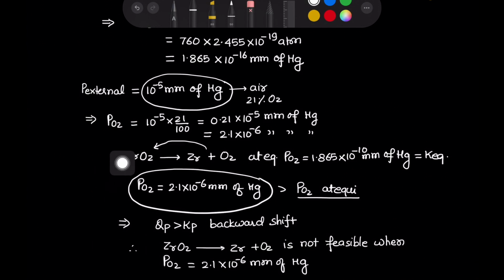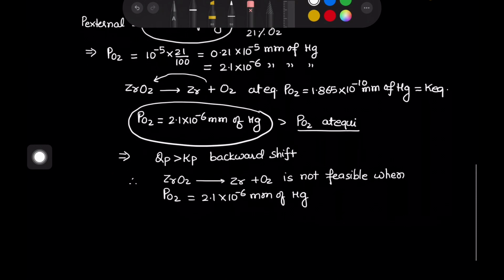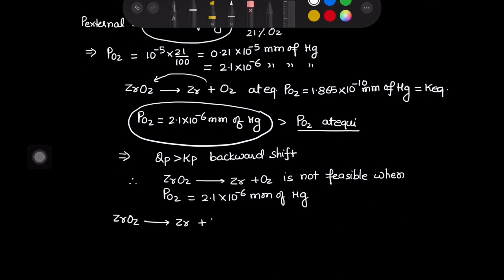This reaction will be feasible only when the applied partial pressure of oxygen is less than the equilibrium partial pressure of oxygen, 1.865 into 10 raised to minus 16 mm of Hg.